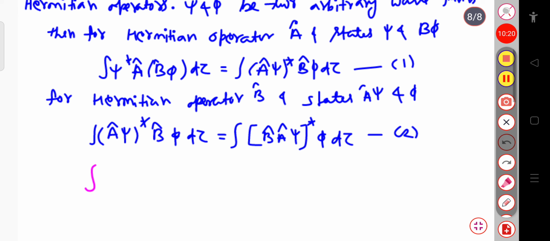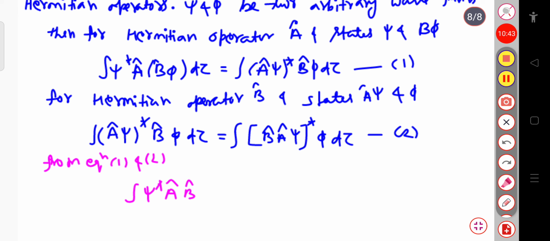Now here, after comparing equations 1 and 2, we can write this equal to this, so that is integration of psi star A cap B cap phi d tau, that is equal to integration over B cap A cap psi whole star into phi d tau.